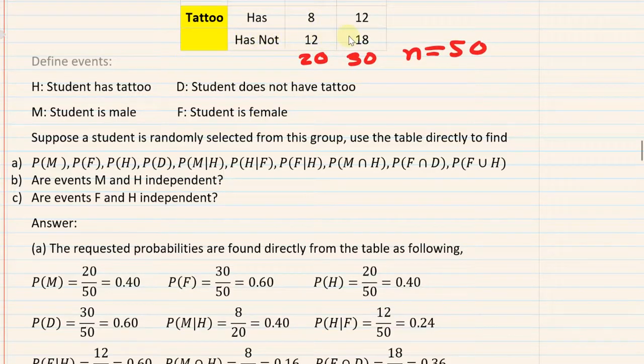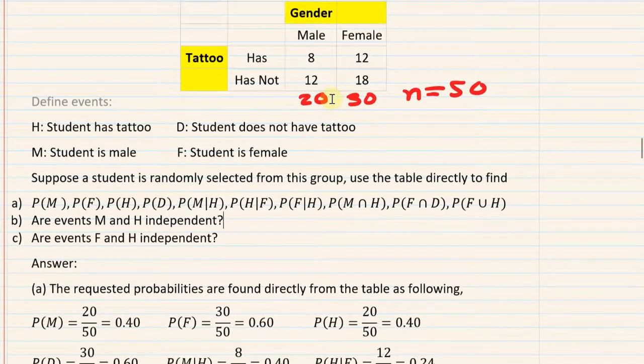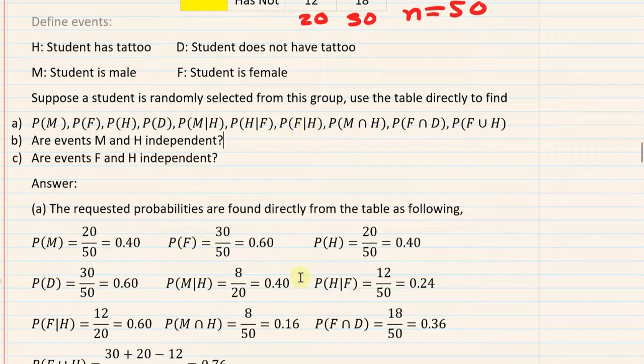We discard the other students who do not have a tattoo, because we're told the person selected has a tattoo. And within that group, you look at how many are male. It looks like 8 out of 20 in that first row. That's the probability that the person who has a tattoo is male.